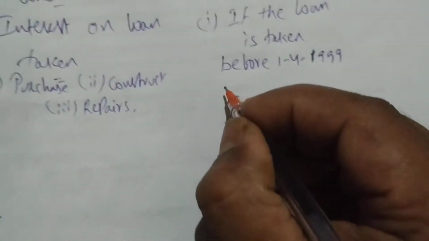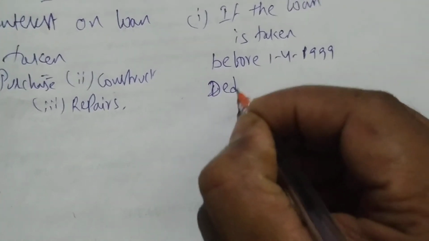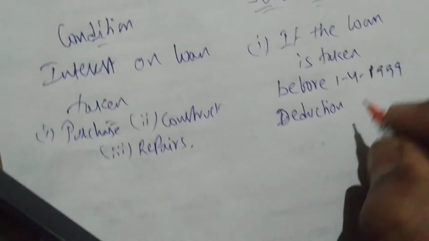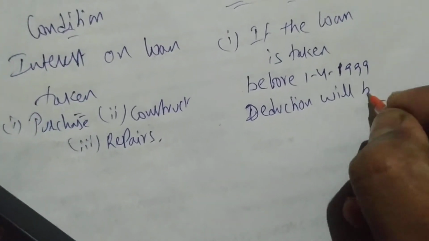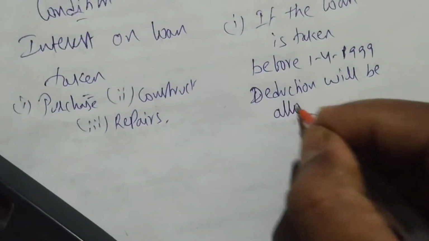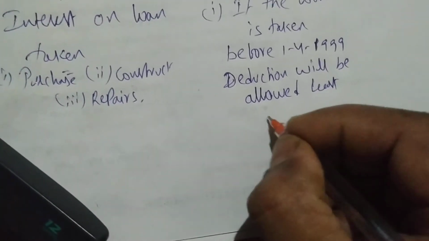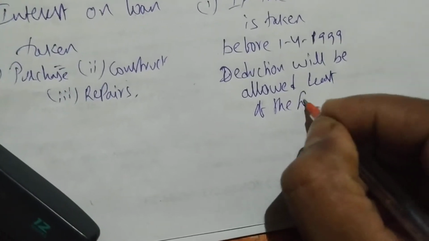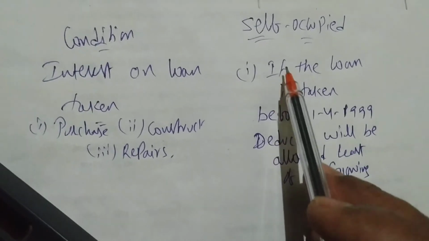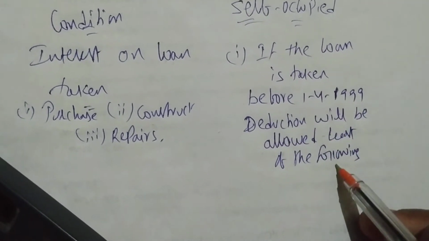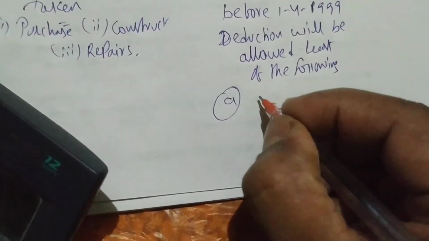In that case, interest on loan deduction will be allowed as least of the following. What we are saying, if the loan is taken before 1/4/1999, deduction will be allowed as least of the following. Least means whichever is less.